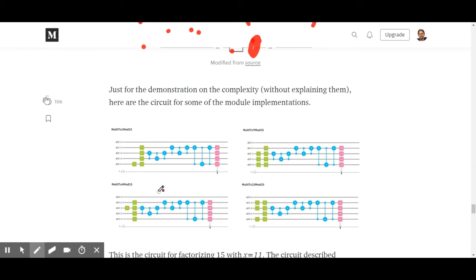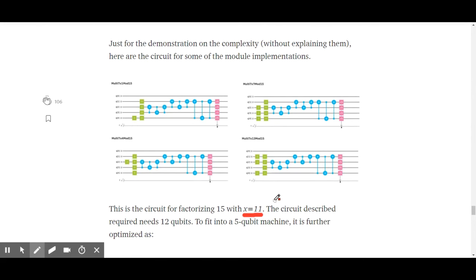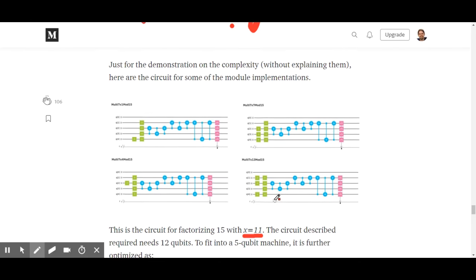Why are they so small? Why are they so small? 7 times 1 modulo 15, sometimes 7 modulo 15, sometimes 4 modulo 15, sometimes 13 modulo 15.